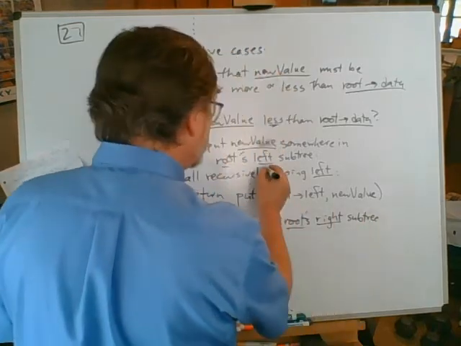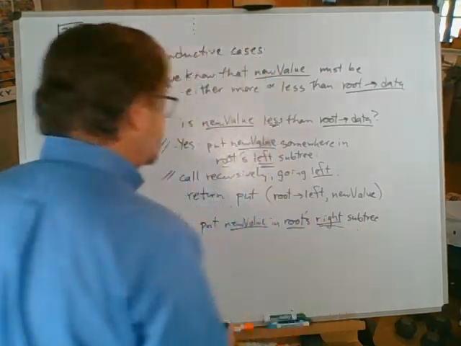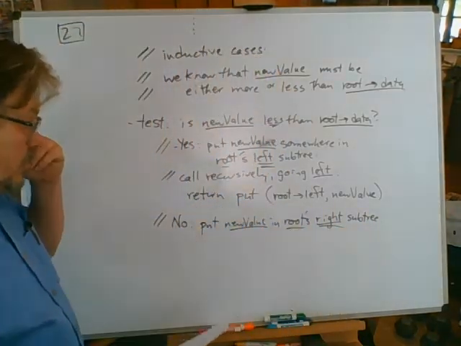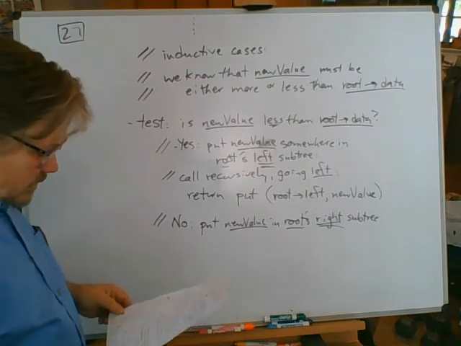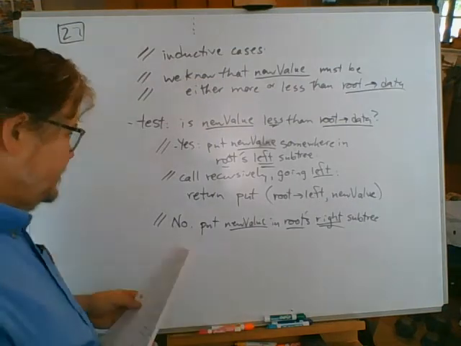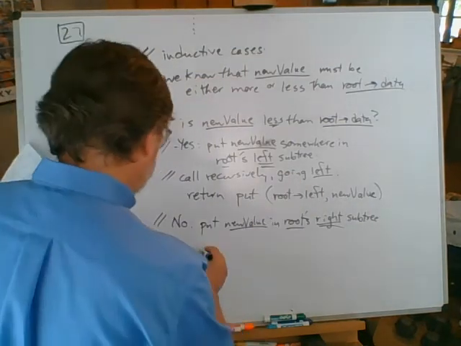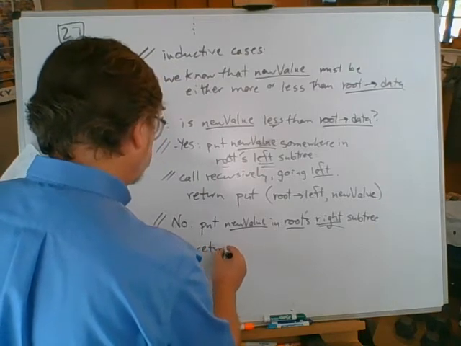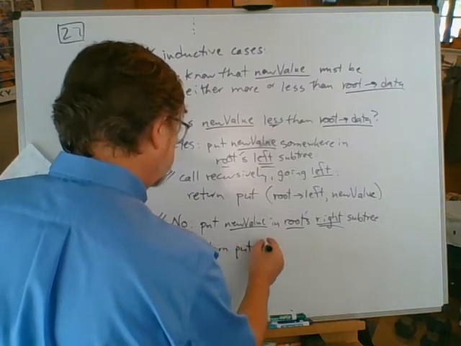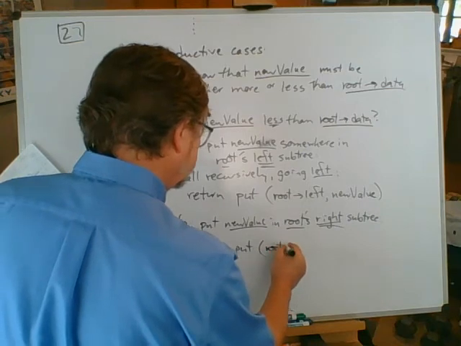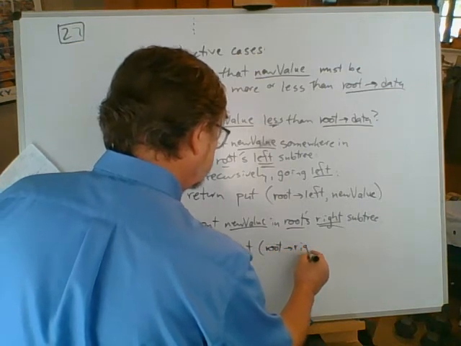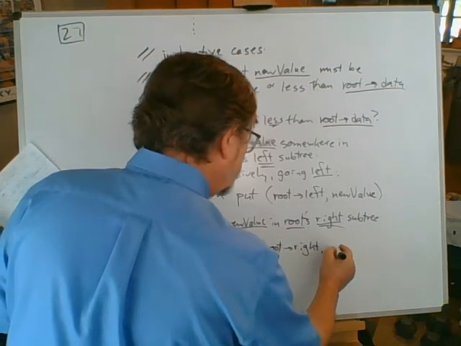I'll emphasize left and right here with double underlines. Since I'm not using multicolors, I have to use multiple underlines to make things really stand out, I guess. And how do we do that? Same thing. Return put, root arrow right, new value.